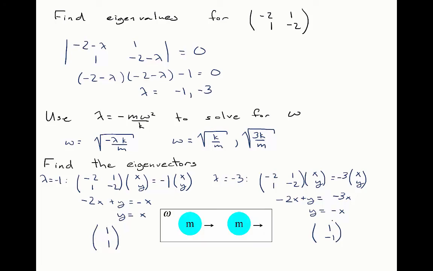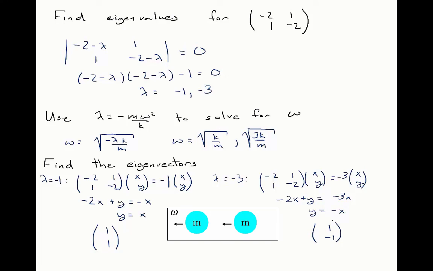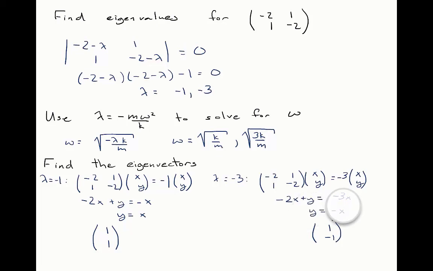That means when the first mass moves to the right, so does the second mass. When the first moves to the left, the second mass is moving to the left. So they're vibrating together, and when that's the case, their frequency of vibration is just the square root of k over m.